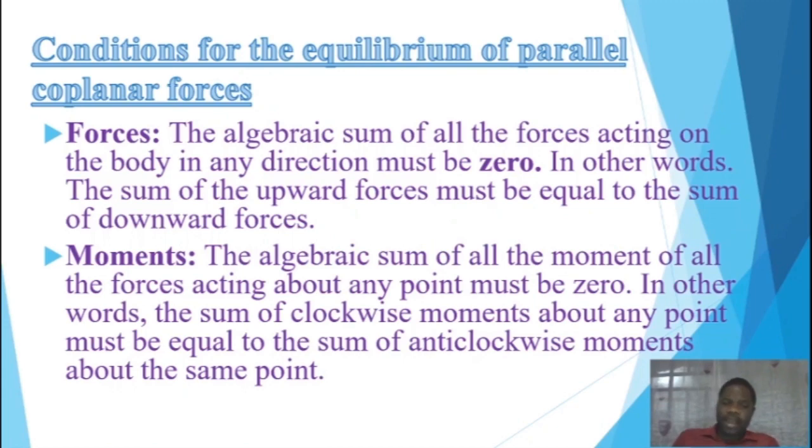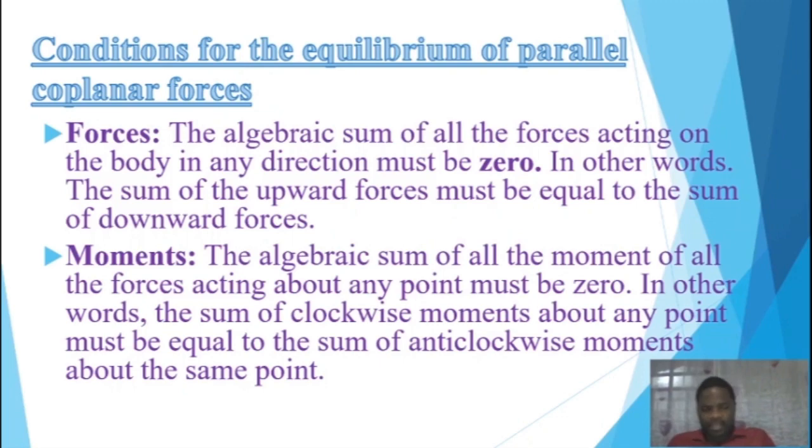So in other words, the sum of upward forces must be equal to the sum of downward forces. So we can just say that all the forces acting in one direction, the sum is equal to the sum of all the forces acting in the opposite direction. That is what this first condition is telling us.